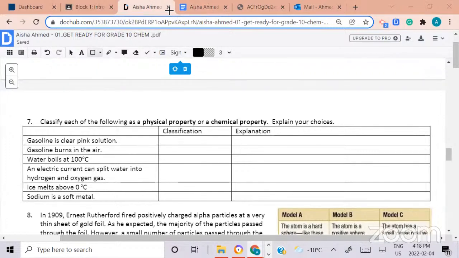Physical or chemical property. I'm gonna let you do this because I think you can figure this out pretty quickly. If you want, just put the classification.